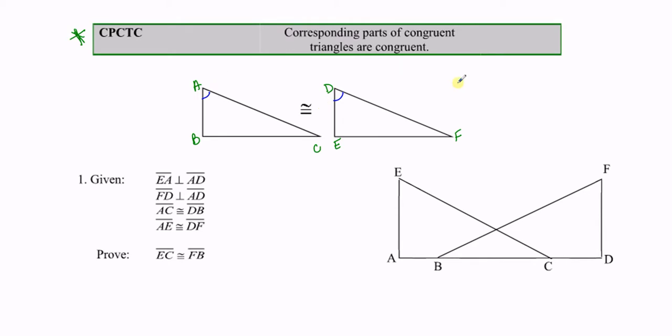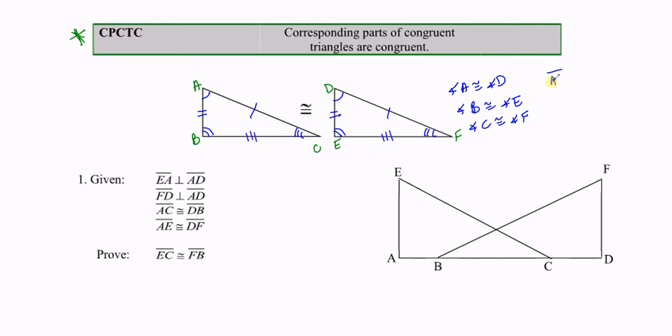So angle A would be congruent to angle D, angle B would be congruent to angle E, and angle C would be congruent to angle F. But also distance is preserved, meaning each pair of corresponding sides would be congruent as well.